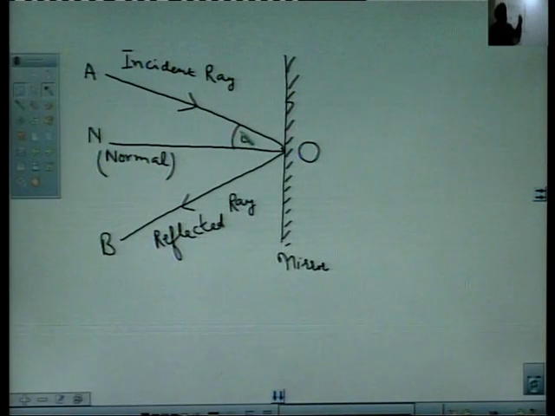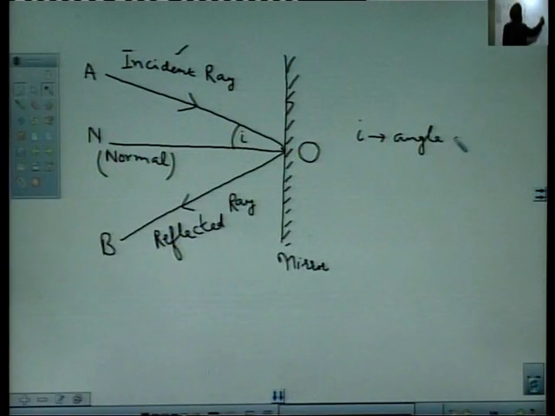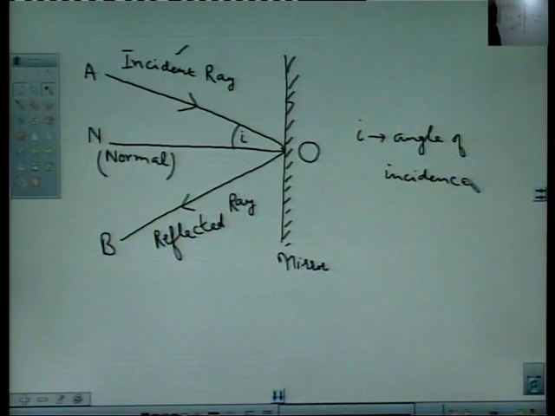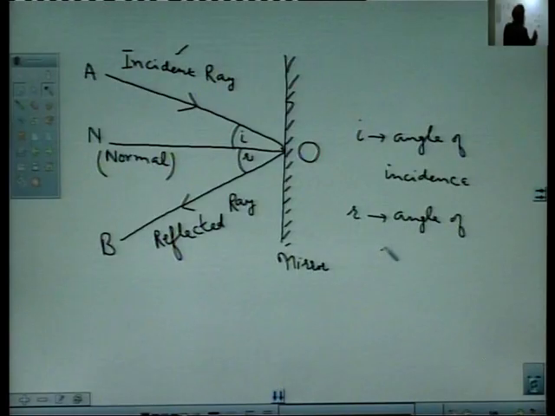This angle I which the incident ray makes with normal is called angle of incidence. And the angle which the reflected ray makes with normal is called R. R means angle of reflection.